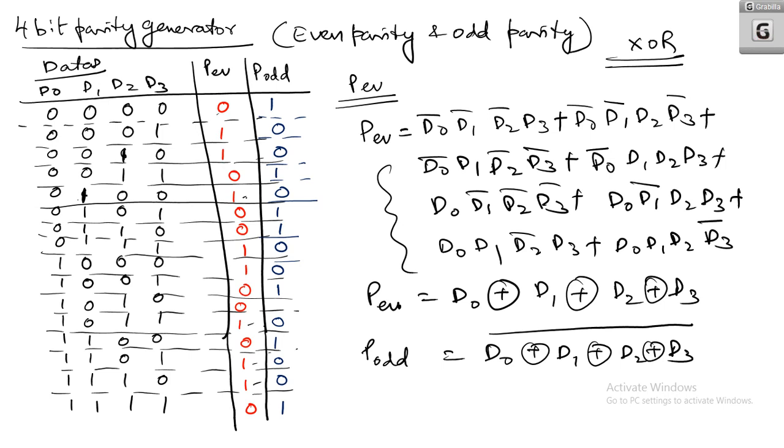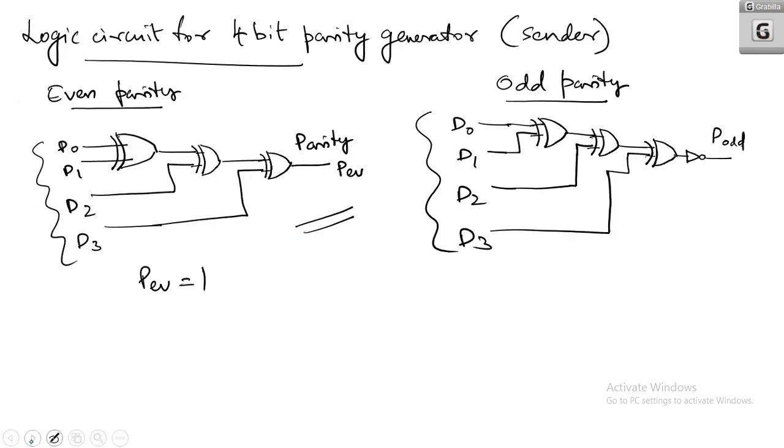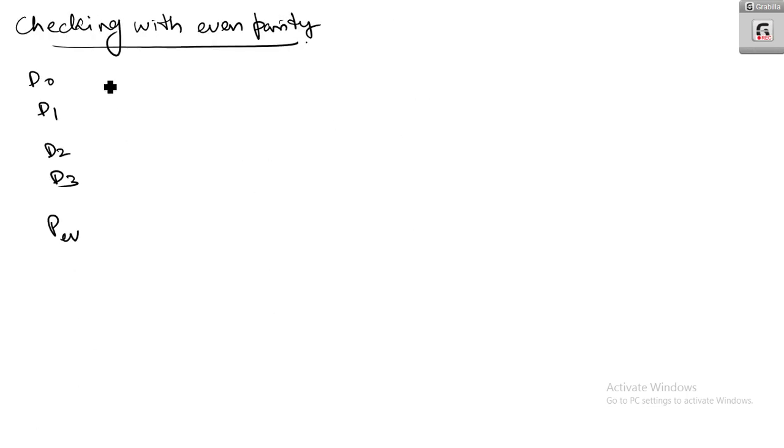Now I am going to check the error. How to check the error? I need to check the parity at the receiving end, term it as error, and check that error with the parity. So you are doing a parity check at the receiving end also. Here I am going to do the same thing again: D0 XOR with D1, and you will get one data.